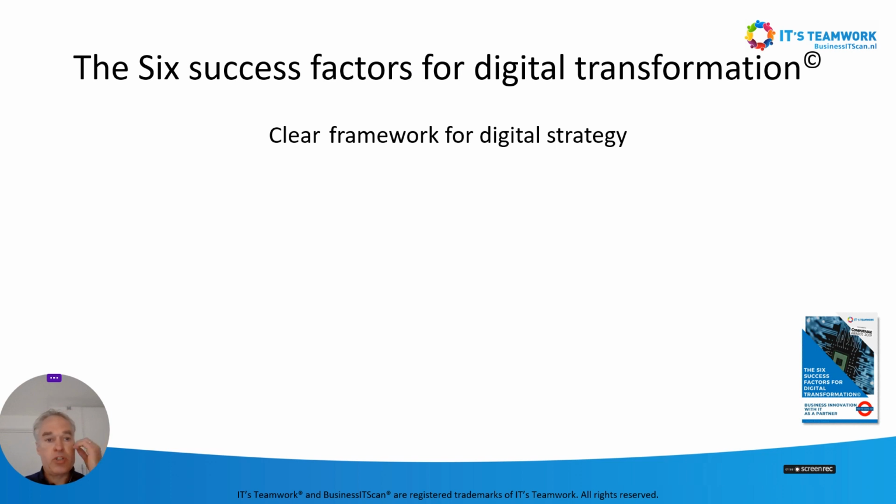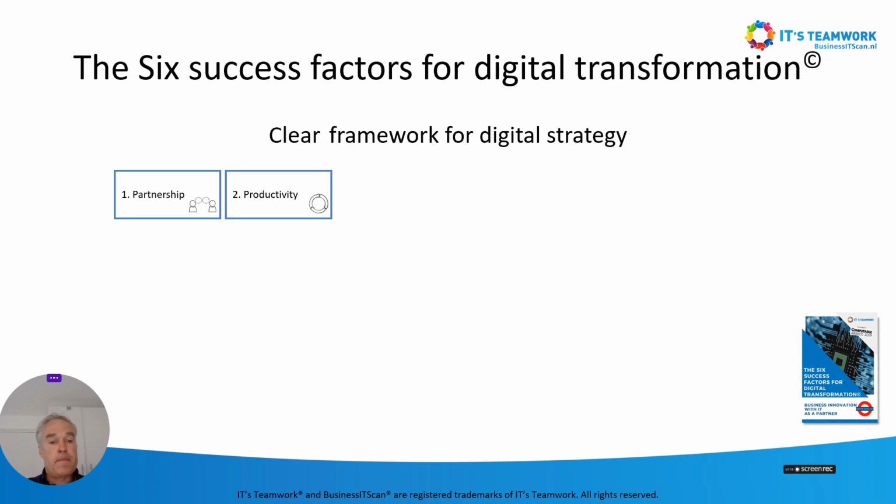So a little bit more about those 6 success factors for digital transformation. It's a clear framework, so that everybody gets an understanding of digital transformation. The first success factor is mutual understanding, partnership, cooperativity between people.